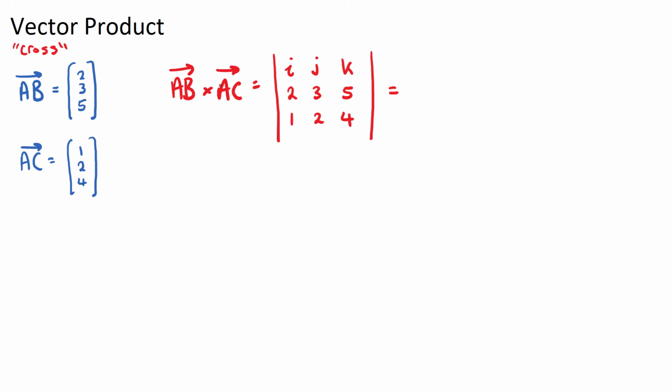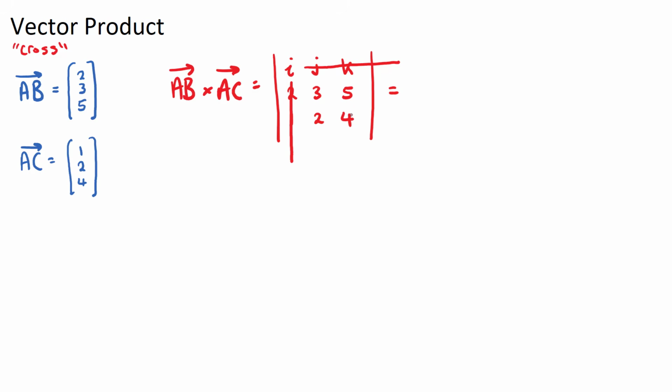Okay, now to find our vector product, we need to use this system where we look at firstly i, and we need to find the i component of our vector product. The way we do that is we cancel out the rest of that row and that column, and we have 4 numbers left over. If you have done any matrices before, or you've heard the word determinant, that's what we need to do.